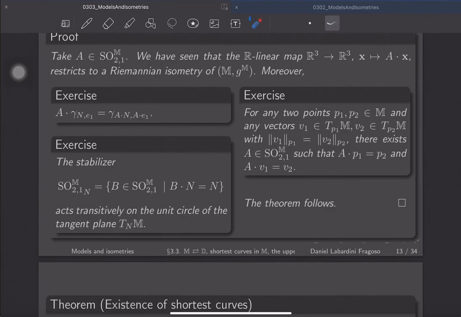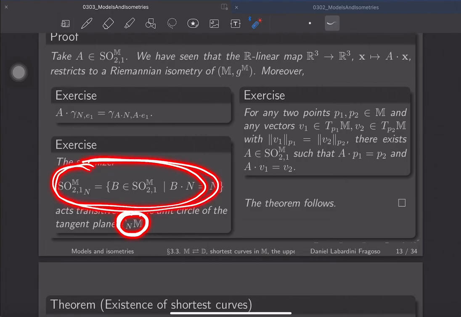This unit circle contained in this tangent plane is preserved by any element here, because any element here preserves the value of Minkowski's inner product, so it preserves the length of any vector here.